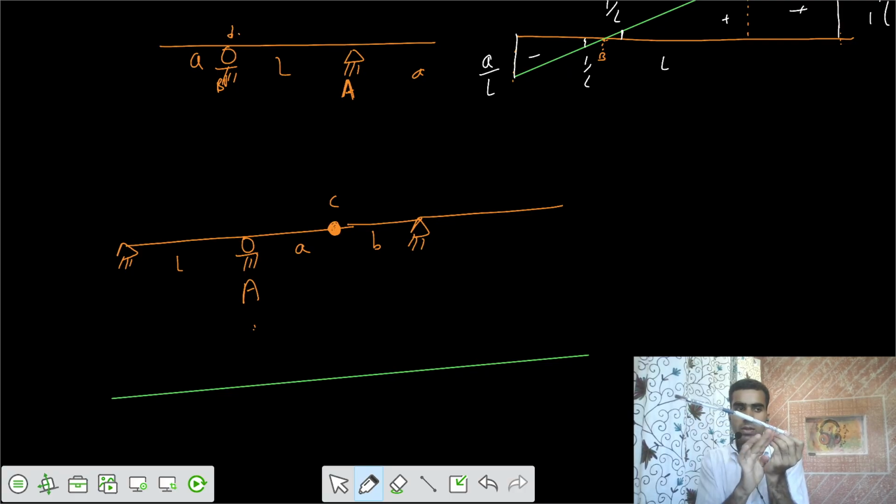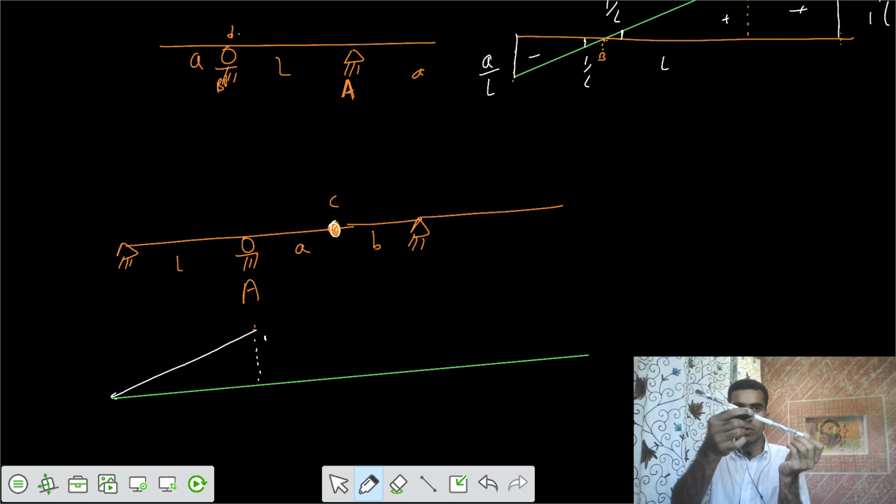So the profile for this part would be a triangle. Let's say for the first part, here the unit is one unit displacement, and the profile for this one would be a straight line. Now, because you have an internal hinge here, you won't go as a straight line.